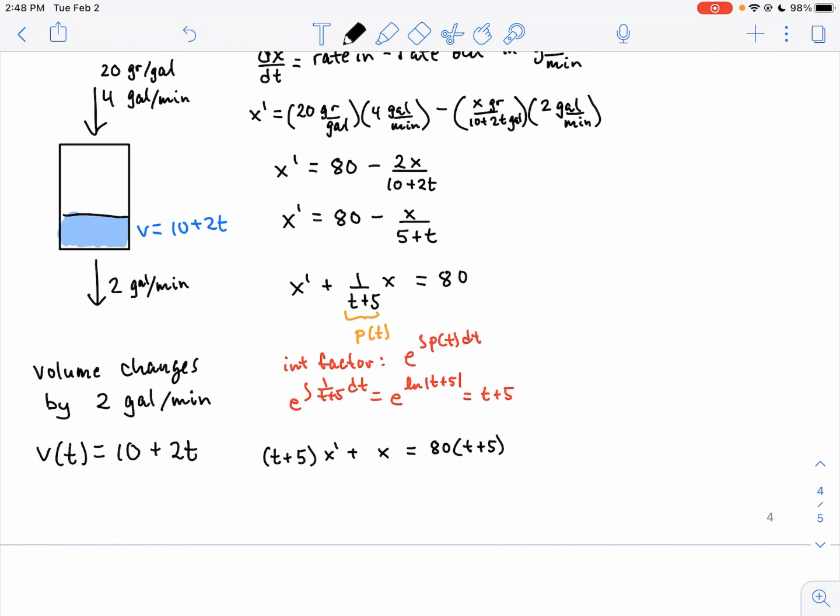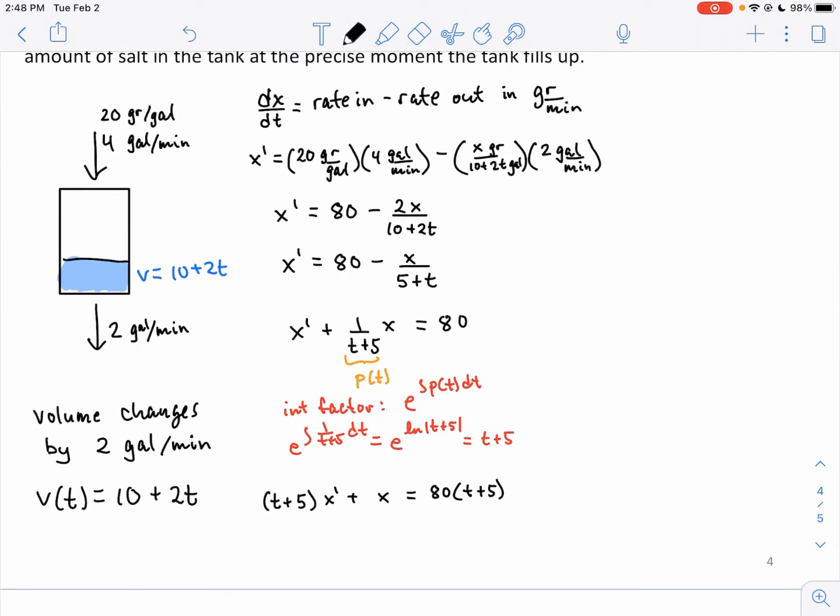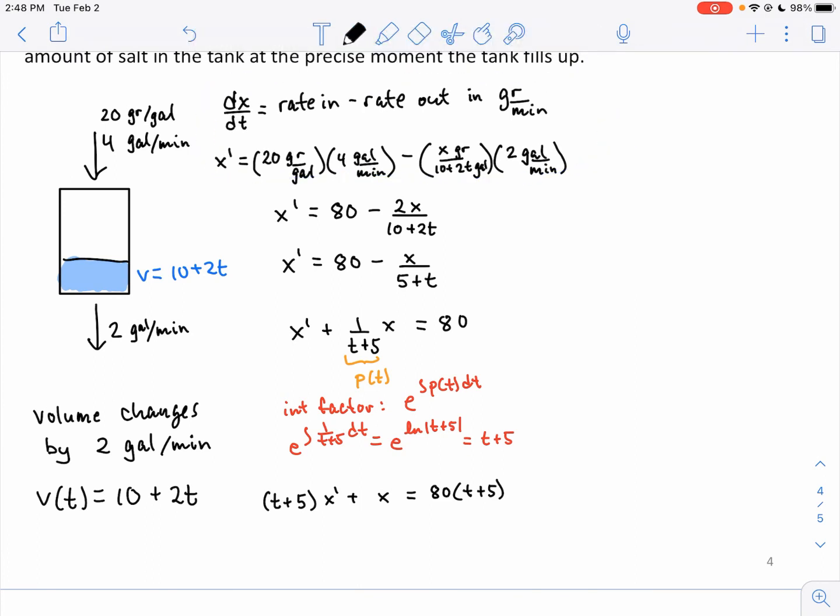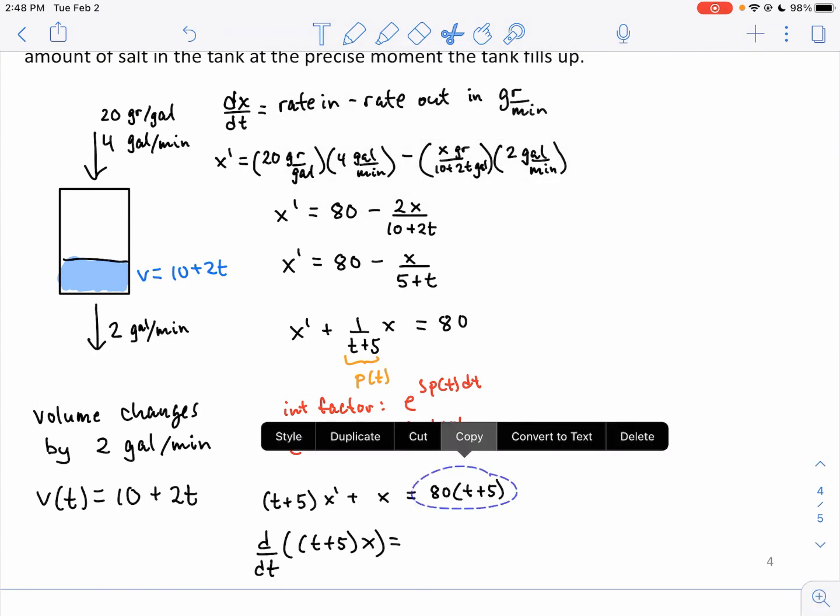Once again, I recognize that the left side is the result of a product rule. And let me move this over slightly a little bit more. And that product rule is the derivative of the integrating factor, which is t plus 5, times the dependent variable, which is x. Let me actually write this down here. One last line down here.